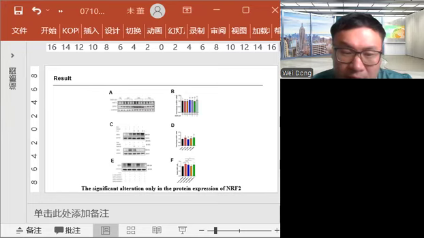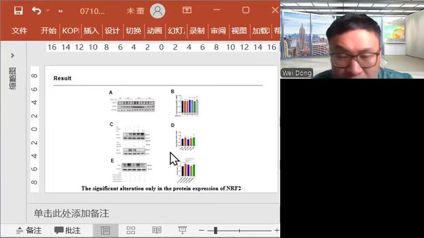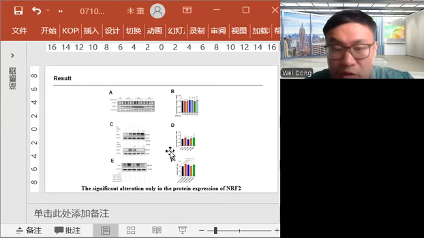After elucidating the roles of CERK and C1P, we want to know how C1P works. So we identified NRF2 and KEAP1, the key players in oxidative damage, and observed a significant alteration only in the protein expression of NRF2.